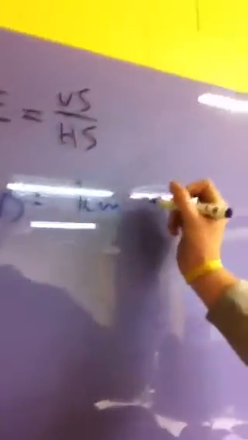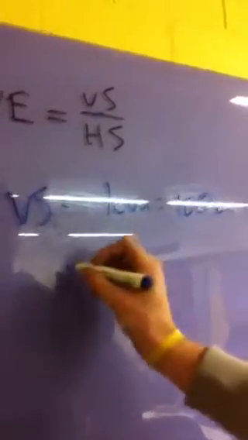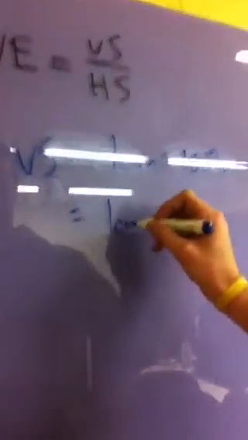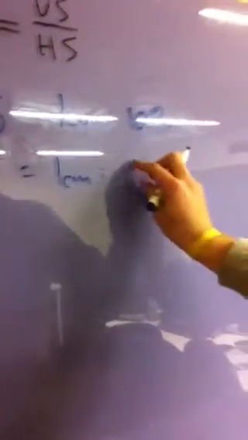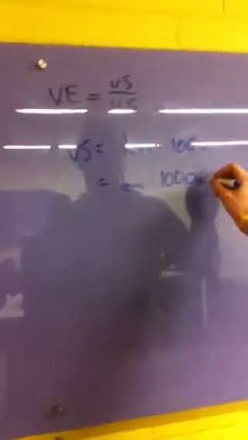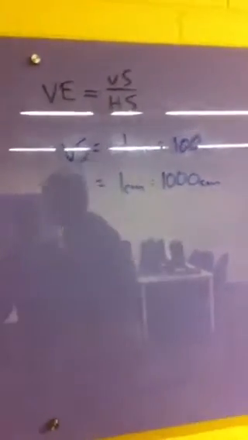So our vertical scale, 1 centimetre is represented by 100 metres, which is written as 1 centimetre. How many centimetres are there in a metre? 100. So that goes to 10,000 centimetres.